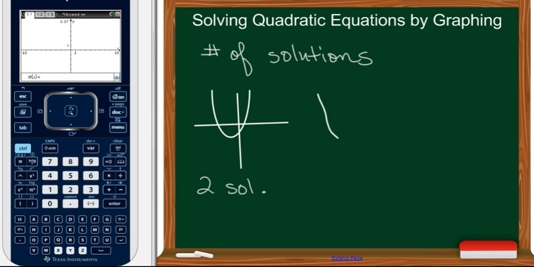Another option is to have your vertex hit right on the x-axis. Now, whenever you do that, you only have one solution because it only hits the x-axis one time. We call this a double root.